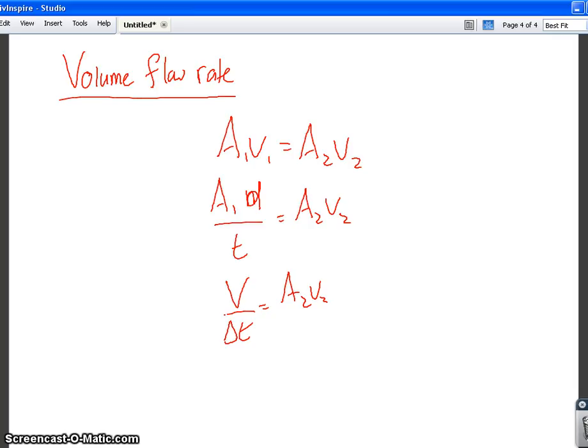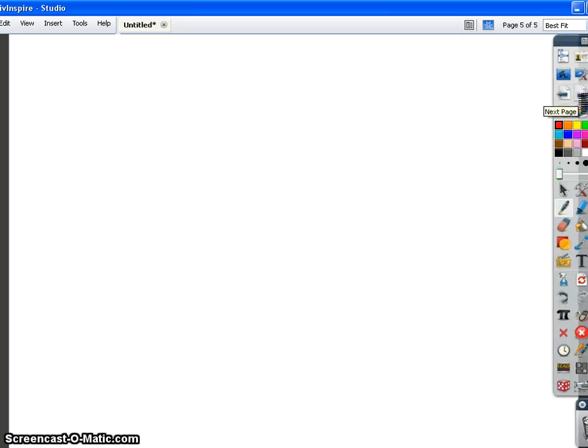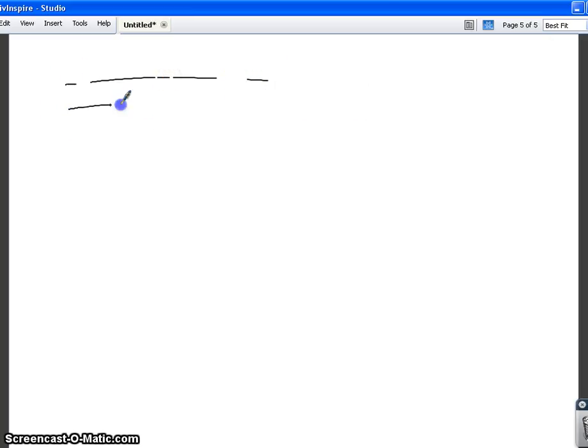So we've defined mass flow rate, volume flow rate, ideal fluids. I'm now going to show you a common thing that happens in most questions, so that way you can look out for it. Most of the time, water or fluid flows through a circular pipe. Okay, it flows through a circular pipe, and we'll say it's going from a smaller pipe to a larger pipe like this.